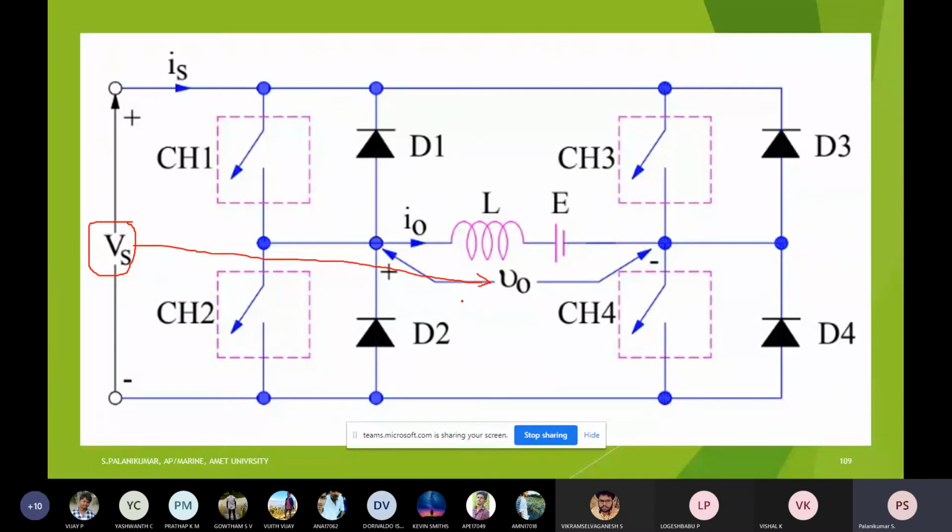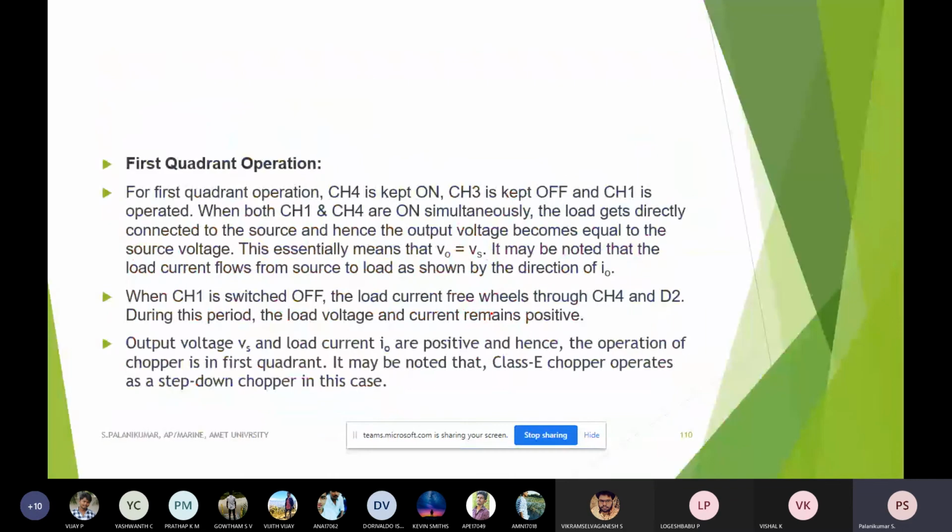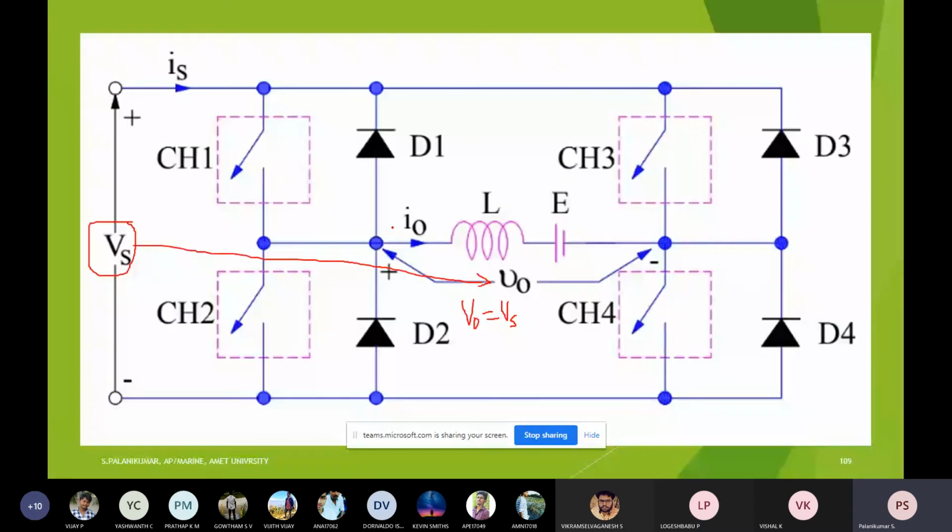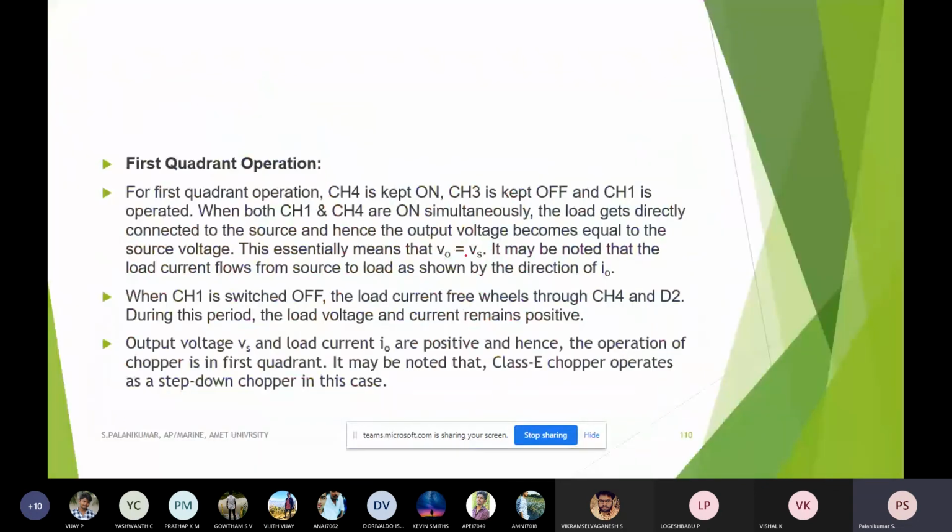So here V naught is equal to Vs. That is the reason for very small ripple. It may be noted that the load current flows in the direction of I naught, and that is the reason it is called the first quadrant.